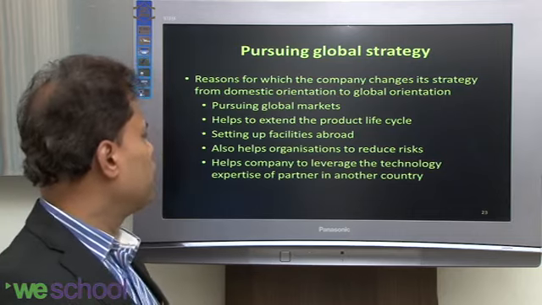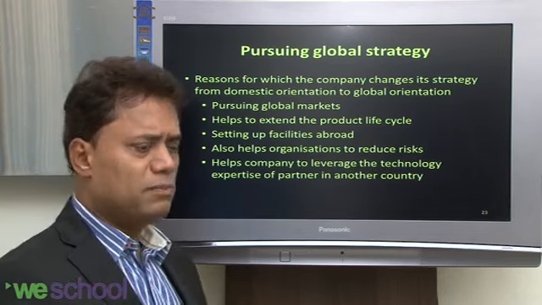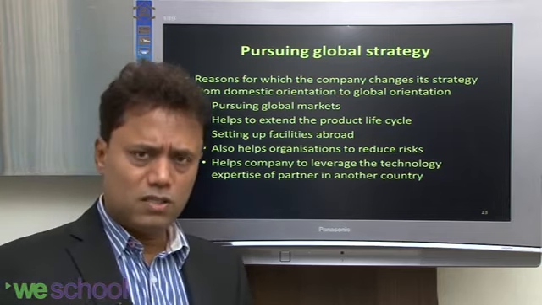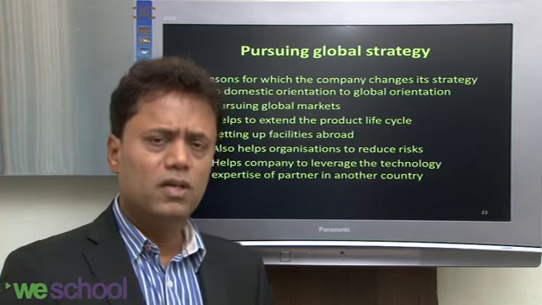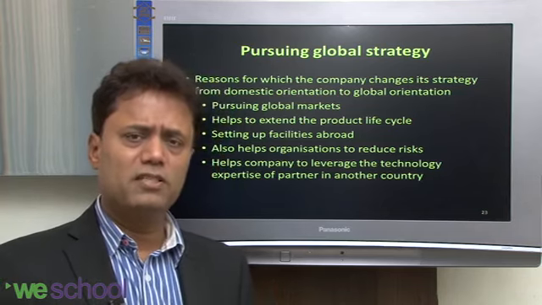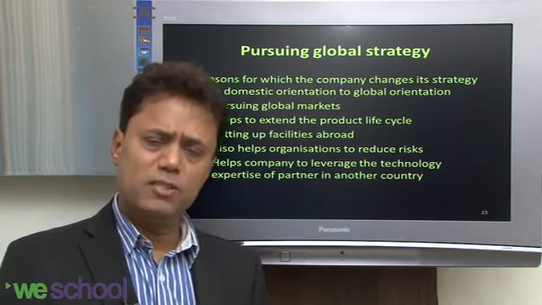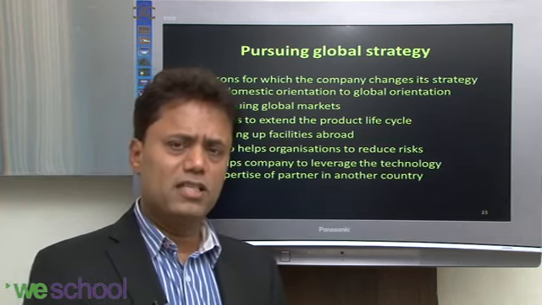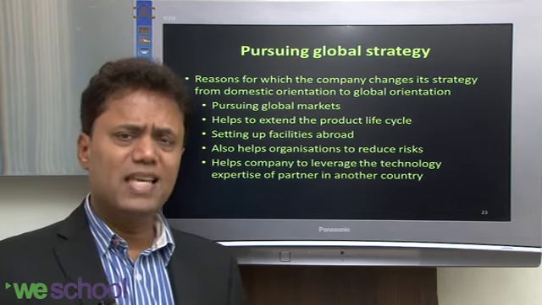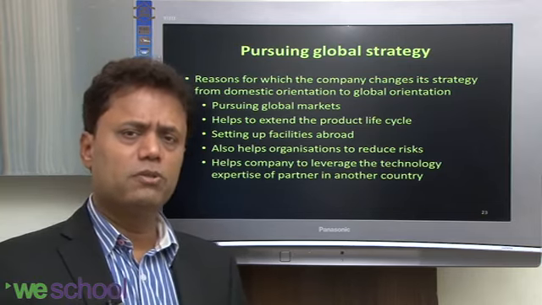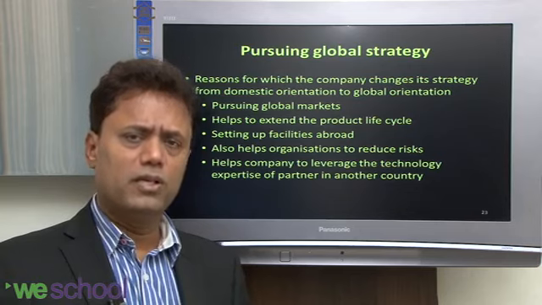They want to pursue global markets because of trade barriers being removed because of the WTO World Trade Organization agreements. From time to time there have been a lot of changes there, and free trade agreements are being entered into between countries. So it is increasingly becoming easy for corporations to pursue global dreams.